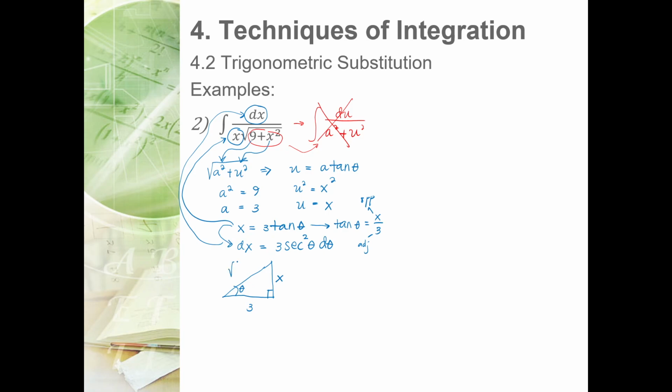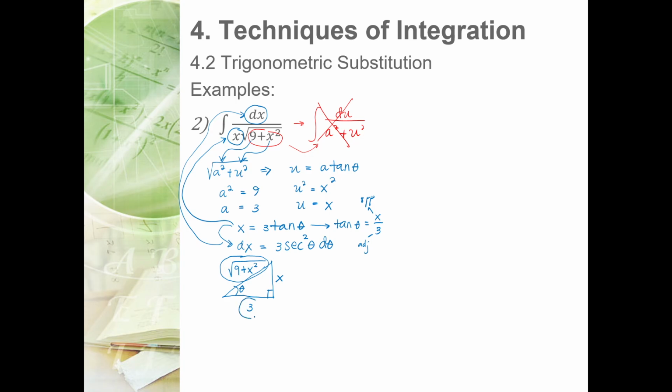As per the Pythagorean theorem, this is the sum of the squares of the two sides. So 3 squared is 9, plus x squared, that's the square root of 9 plus x squared. Since we are trying to eliminate the radical expression, we're going to pair it up with the constant.